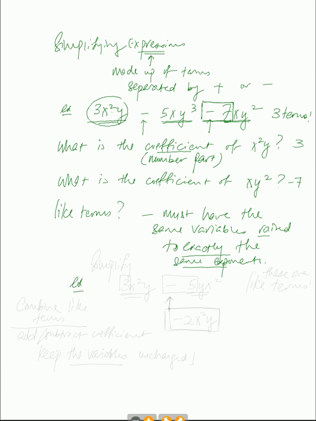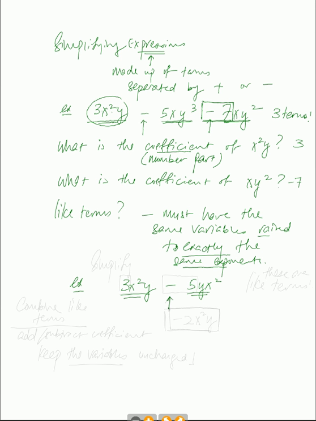So take for example, if I have 3x squared y minus, say, 5yx squared. The first thing that you notice is there are 2 terms, because there's a separation. But if you look closely at the variable portion, the first term has 2 x's and 1 y, and multiplication, you know, is commutative.